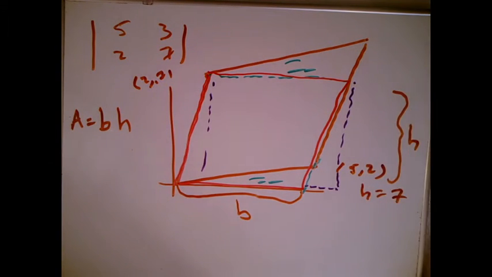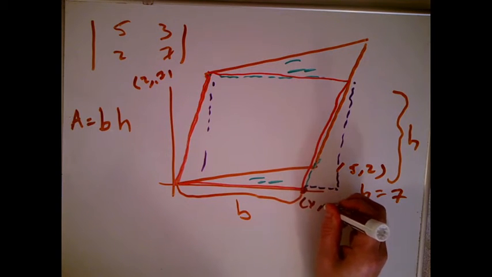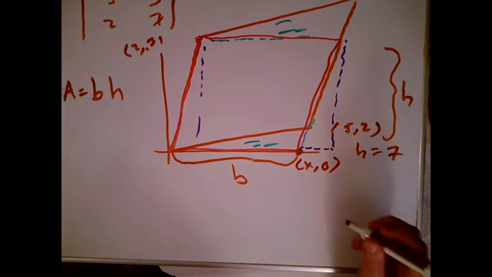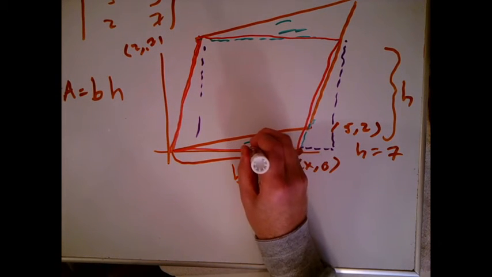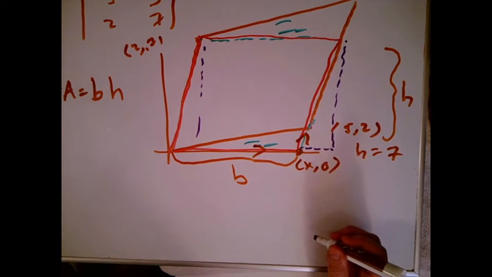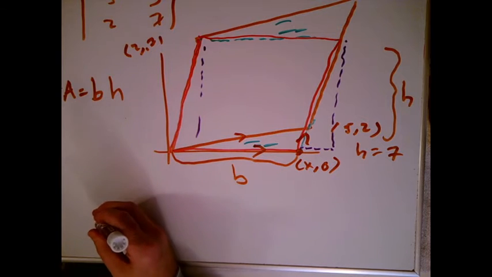The base is going to cause us some problems. Now what do we want? I'm going to try to find the x-coordinate right there of that point, x0. And I'm going to use the picture that says that this vector plus this vector equals this vector. I'm going to write that down here and I'm going to solve it up there.